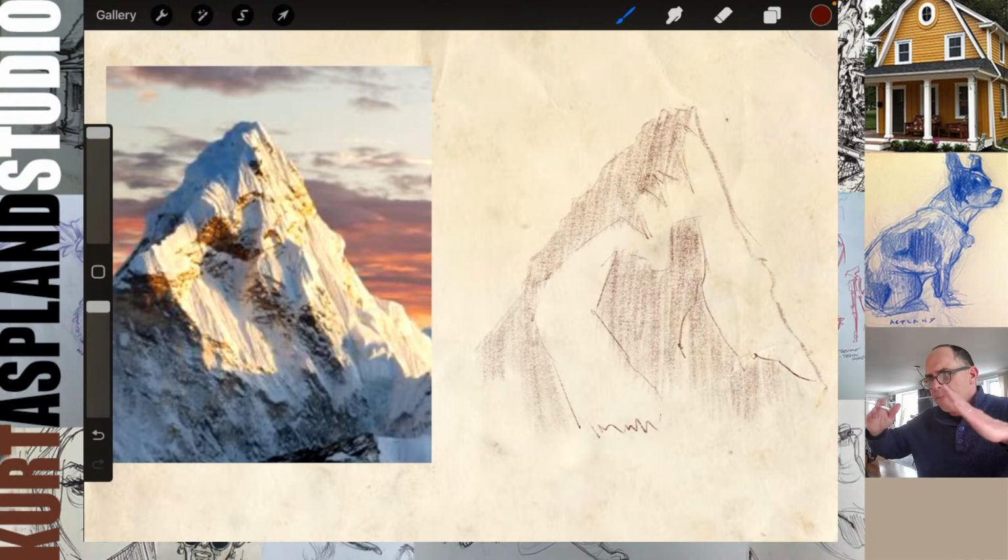Okay, so let's think of shards coming to a peak here. Let's come in here and redefine some of these lines.